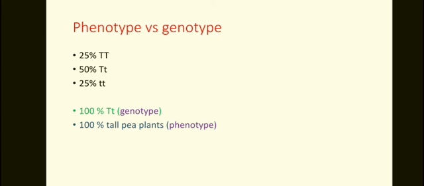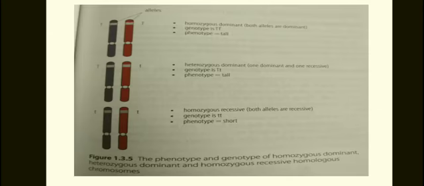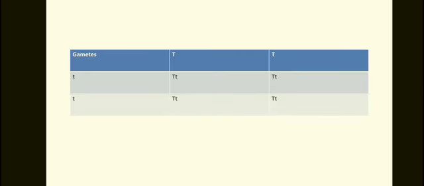But now, let us say that we are going to cross the first filial generation, just to finish the video. So we take the first filial generation, and we cross them.